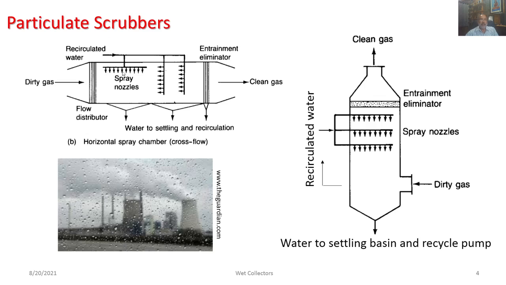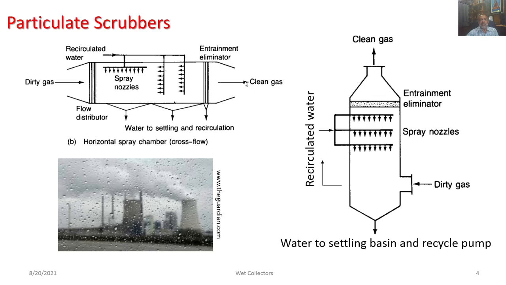Accordingly, the interaction of the particulate with the water droplets will cause the washing away of that particle. As such, the particle will travel with the water, and as they settle, the particulate can be separated through the liquid phase.